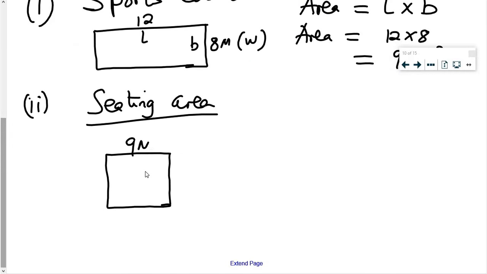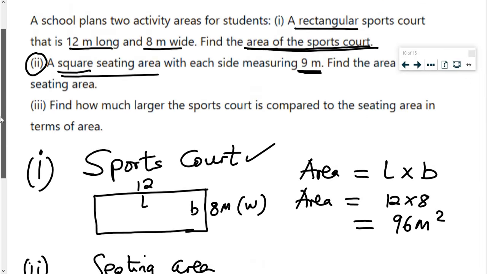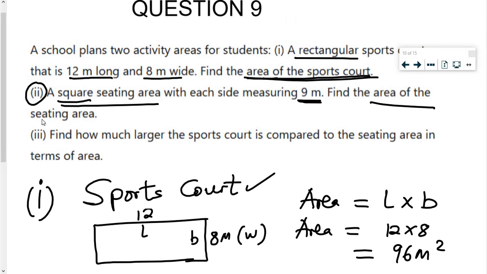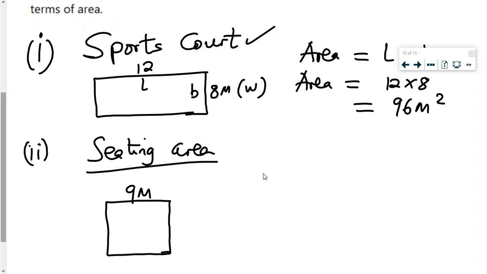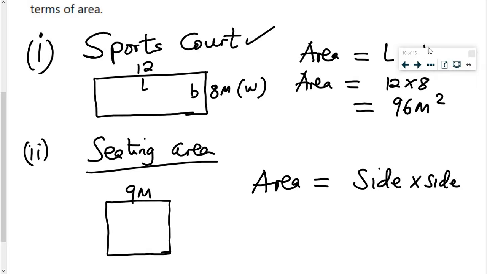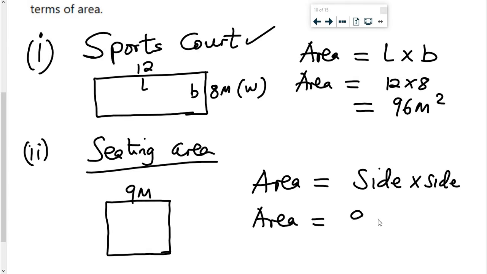So here, 9 meters. Find the area of the sitting area. Because it is a square, area equals side into side. So area equals 9 into 9. And this gives you 81 meter square.